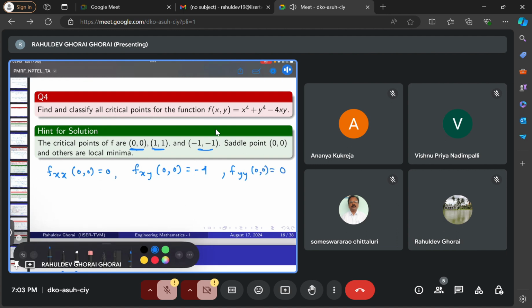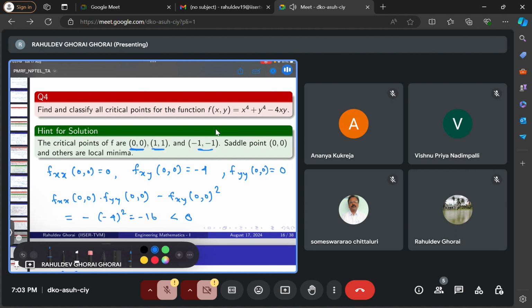So what we get is fxx at (0, 0) times fyy at (0, 0) minus fxy at (0, 0) whole square, which is nothing but negative of (minus 4) whole square, which is negative 16, which is less than 0. What does this imply? You don't need to go to the maxima or minima.